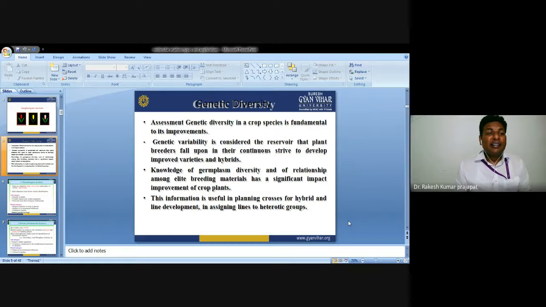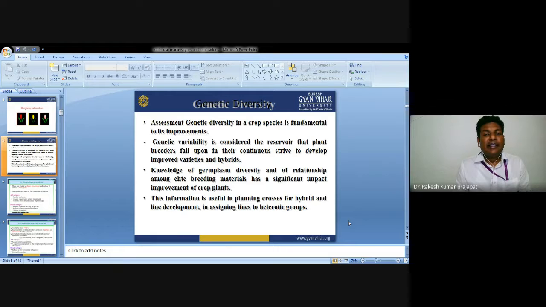Molecular markers are nothing but an exploitation of genetic diversity. We can exploit the genetic diversity by using all these molecular markers. Assessment of genetic diversity in a crop species is fundamental to its improvement. Whatever genetic diversity is present in a particular crop species must be assessed.